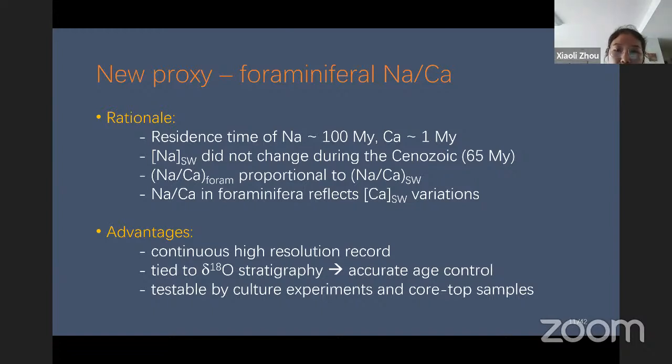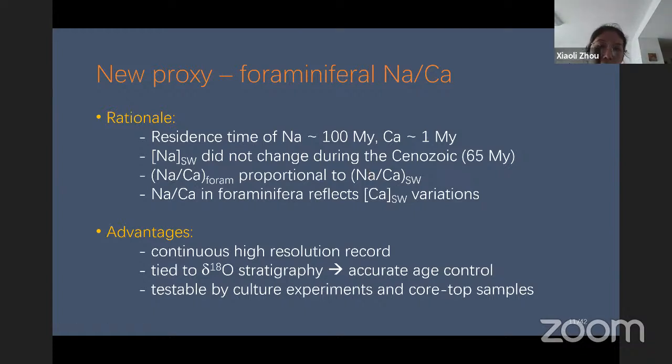And this is also supported by the model result in Tyrrell and Zeebe's 2019 paper. And so if the sodium-calcium ratio in foraminifera is proportional to the ratio in the seawater, then there's a potential that we can use the sodium-calcium ratio in foraminifera to estimate the calcium concentration.